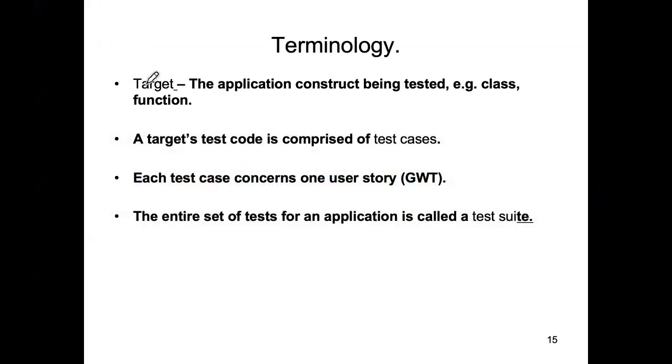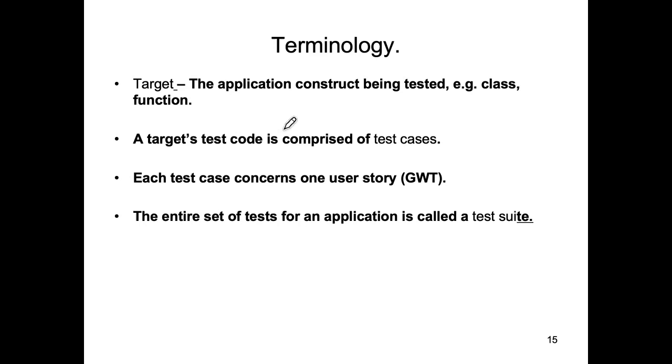Just some terminology, some of which I've used already in this whole area. When we talk about the target, that's essentially the piece of source code that you are testing. So in our case, that would be the catalog class and maybe the methods within that class. A target's test code is comprised of test cases. So essentially each it block there, we would call a test case.